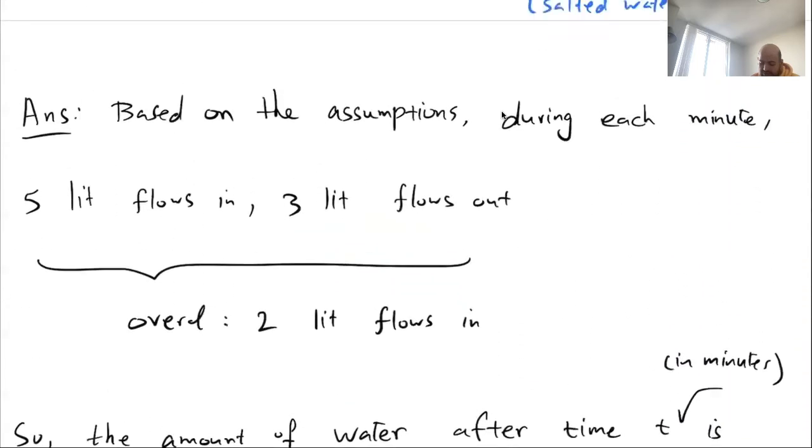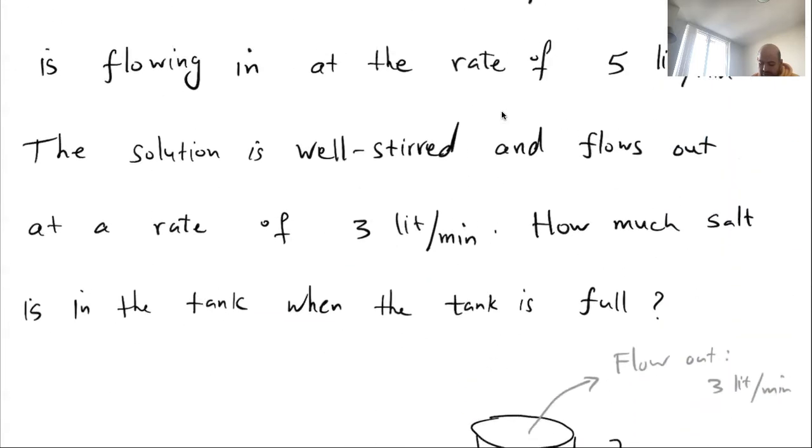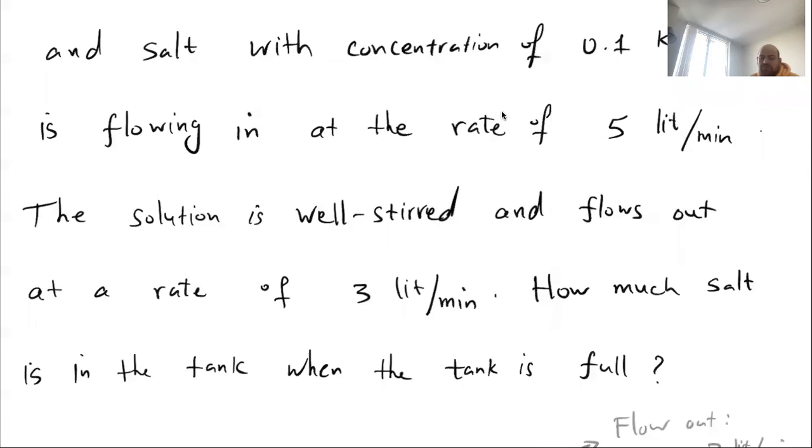Is that given in the question, how much kilogram per liter? It's not given in the question how much kilogram per liter flows out. It is given how much kilogram per liter flows in, but for flows out, it's not given. We have to find it ourselves. How much kilogram per liter flows out?